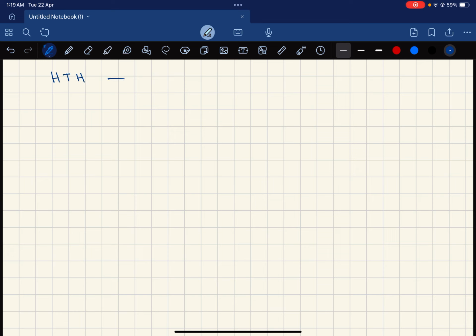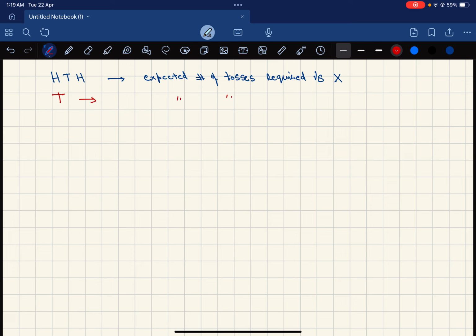Now let us say we assume the expected number of tosses required is X. Now let us say we already know that the previous toss was a tail. So if the previous toss was a tail, what is the expected number of tosses required now?